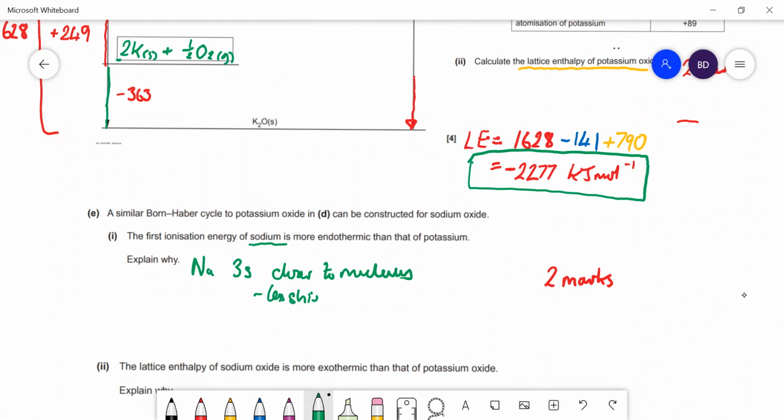So it's harder to remove that. Whereas for potassium, conversely, it's coming from the 4s, further away from the nucleus, more shielding, easier to get rid of it. Don't forget, the first ionization energy always decreases as you go down any group in the periodic table, not just group 1.